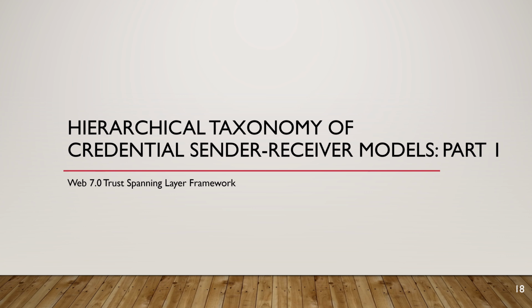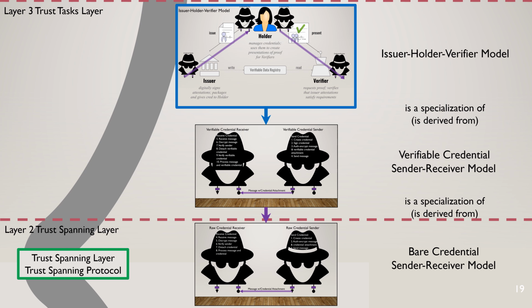Okay, so let's look at this idea of a hierarchical taxonomy of credential sender receiver models. What we've seen so far is that the issuer holder verifier model is a specialization or derivation of the verifiable credential sender receiver model in the center, and that the verifiable credential sender receiver model is in turn a specialization or a derivation of the bare credential model at the bottom.